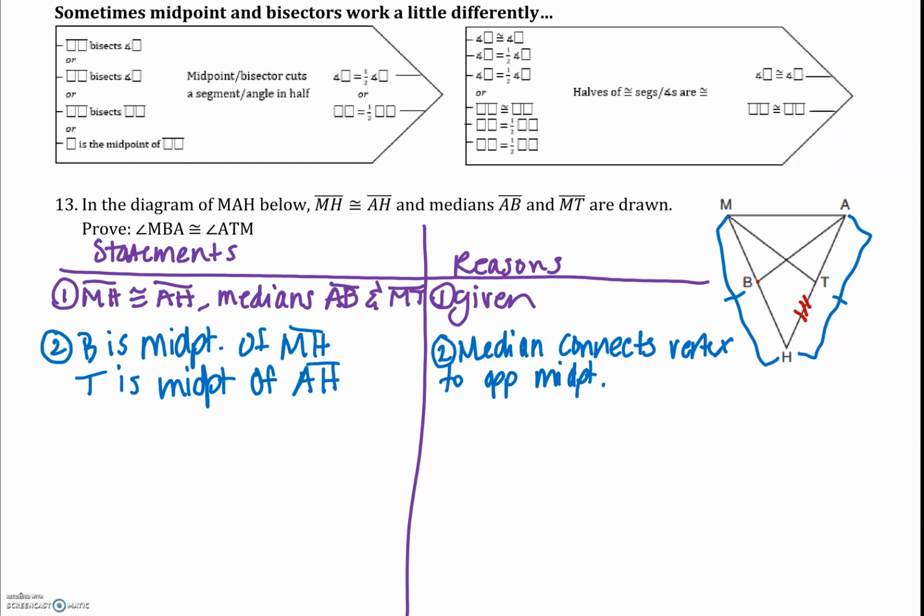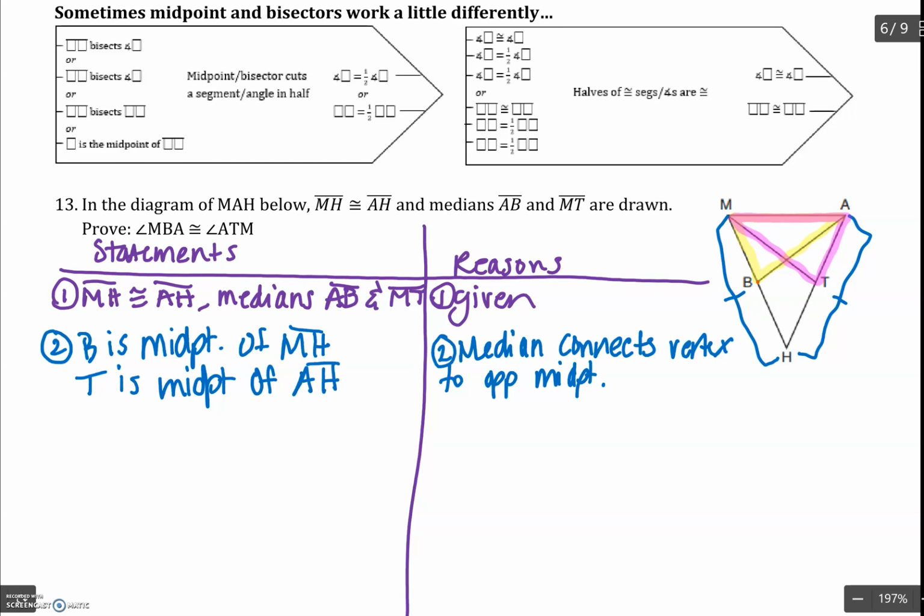Instead of using our midpoint to talk about individual pieces, I'm going to use them to talk about halves. Another reason that I know I need to do that is because I am trying to deal with triangle MBA and triangle MTA, and those aren't even going to use BH and TH. I don't even need those in my proof.